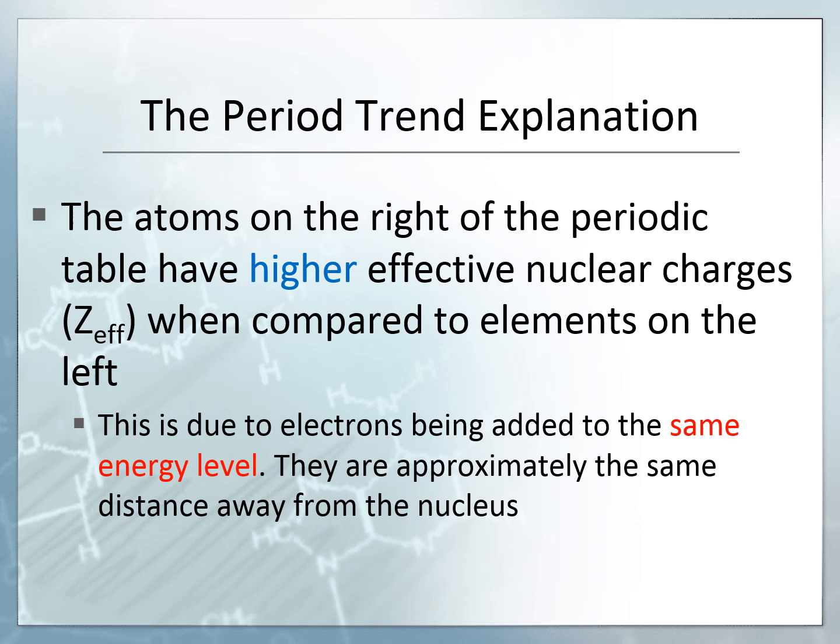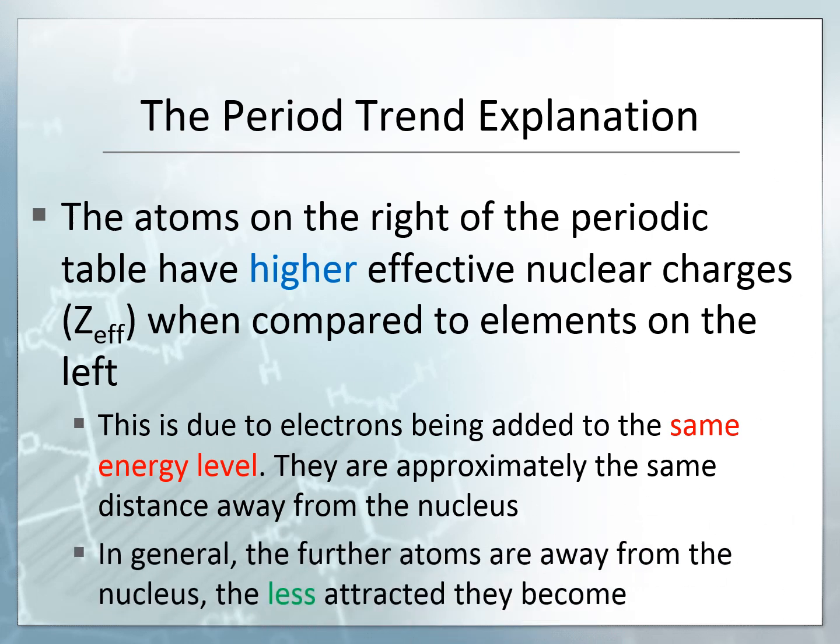They are approximately the same distance away from the nucleus. So therefore, in general, the further electrons are away from the nucleus, the less attracted they become.